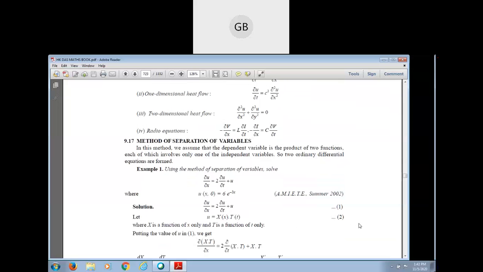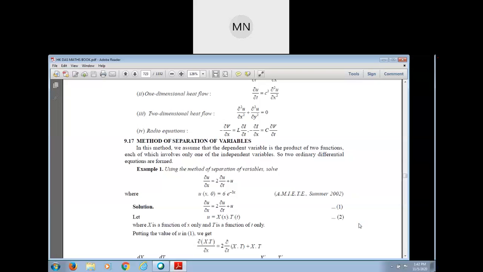The method is used to solve by separation of variables. That means we have to separate the variables, because it is used to solve linear partial differential equations, like the wave equation, one-dimensional heat equation, two-dimensional heat equation, and so on. The heat equation and wave equation can be solved with the help of separation of variables.